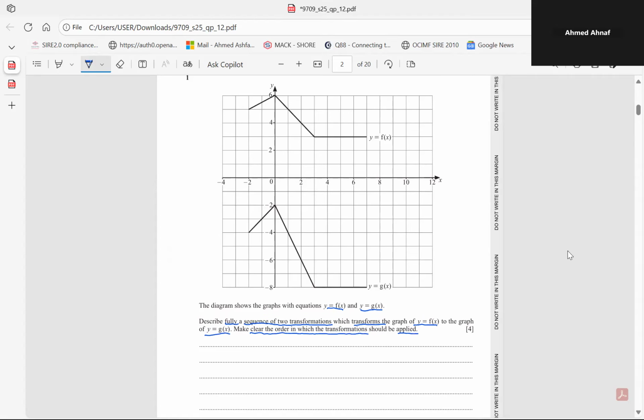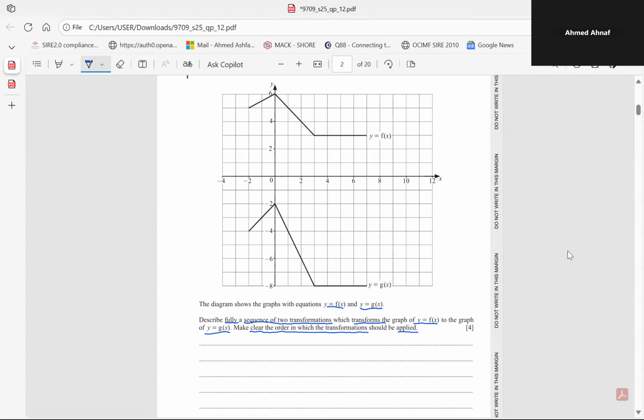So now we're going to figure out the downward shift, about how many units this graph was moved and stretched by in order to produce the graph of y equals g(x).